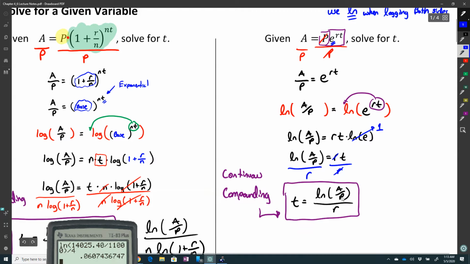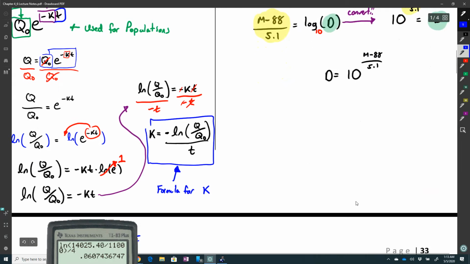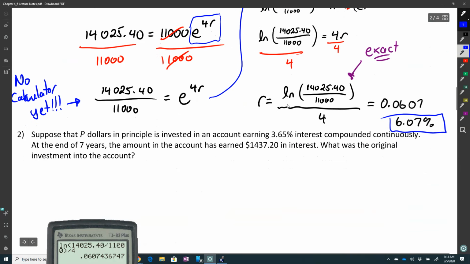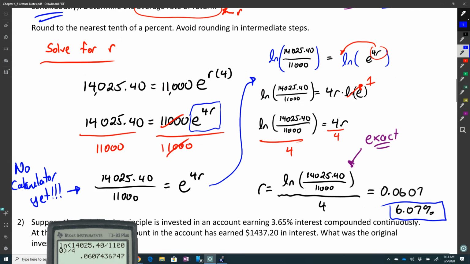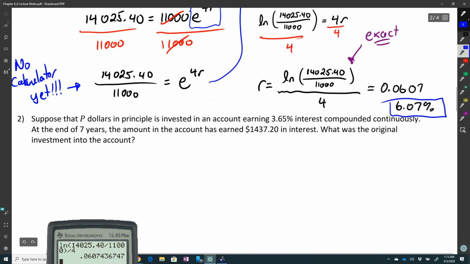But ln of a over p over r, and then you go down here, ln of a over p divided by, and instead of r, it's just the t. So the formula still holds up, but knowing how to actually go through the motions is a huge skill for this exam.